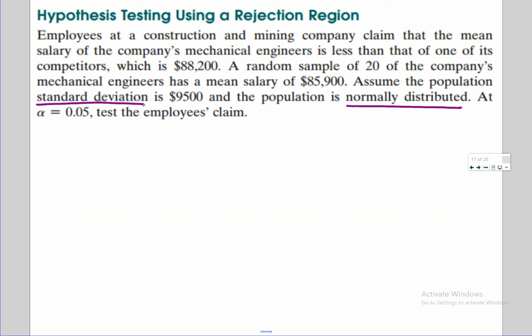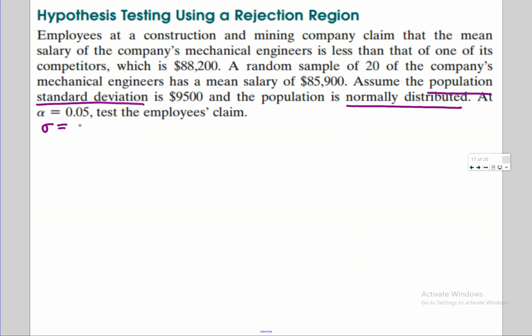If you know the population standard deviation, which we do here, that tells us we're going to be using the z-test. But remember when we did our confidence intervals before, when we didn't know the population standard deviation, that was a t-test. So in the next section, you're going to have to distinguish between the two. When do we use the z method and when do we use the t? So that's a z.